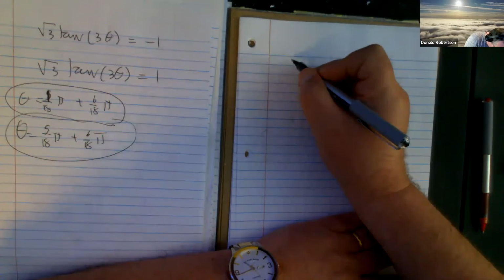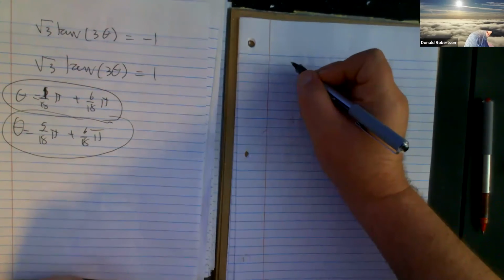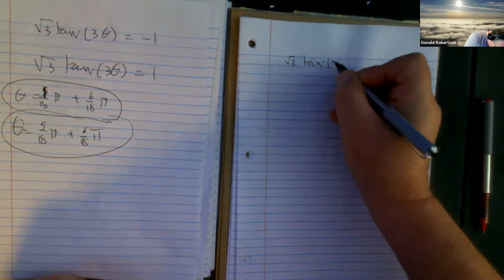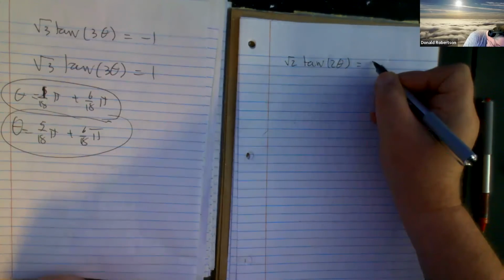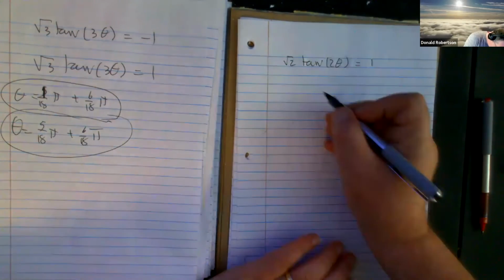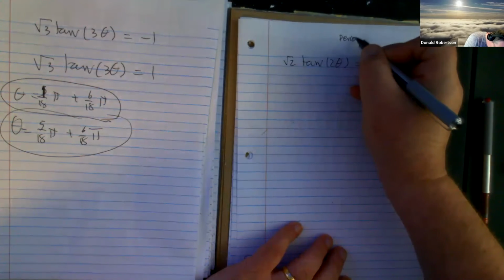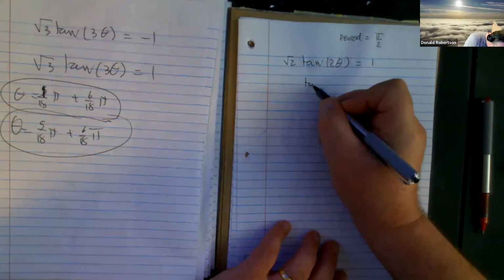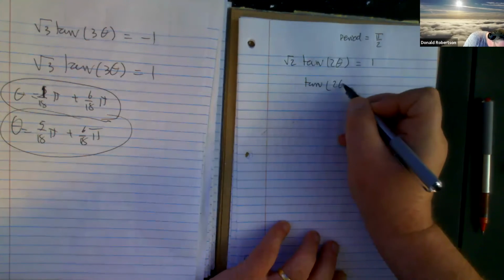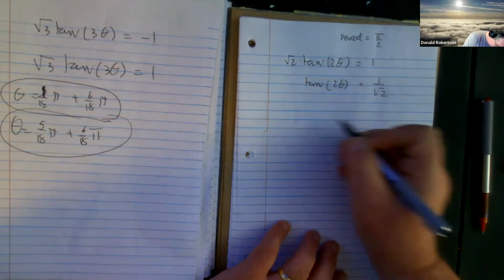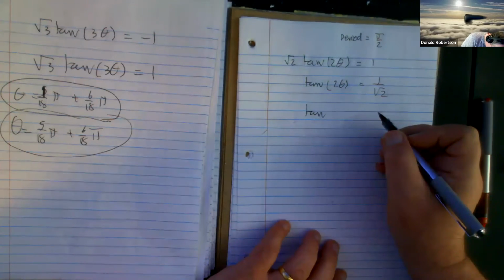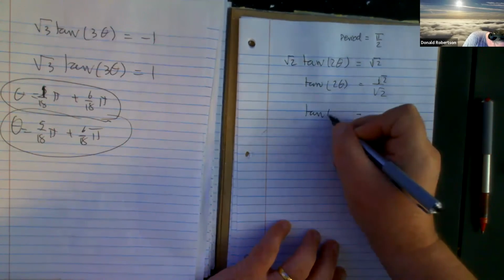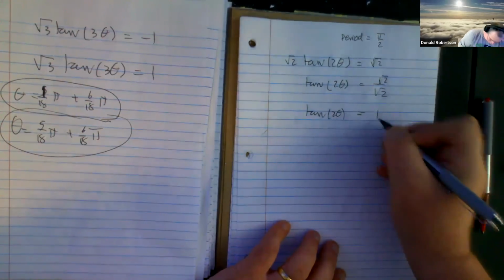Let's suppose I do square root of 2, the tan of 2 theta equals 1. Now, I know the period in this question is going to be pi over 2. I'll make that square root of 2. That is better. So we're going to get tan of 2 theta is equal to 1.